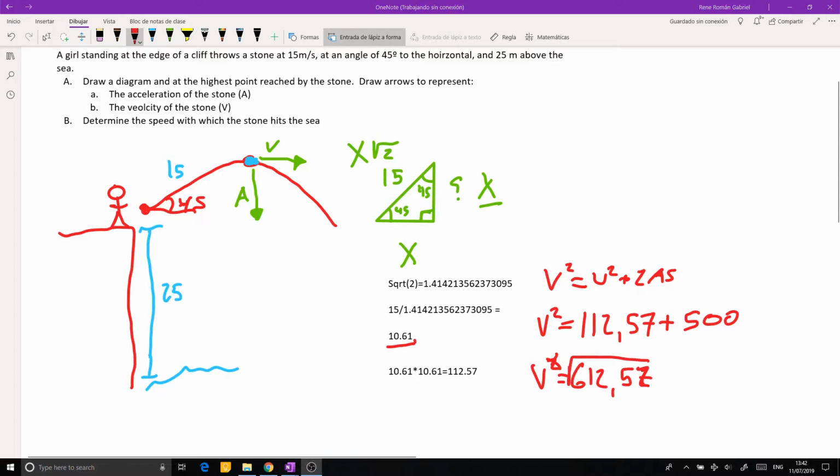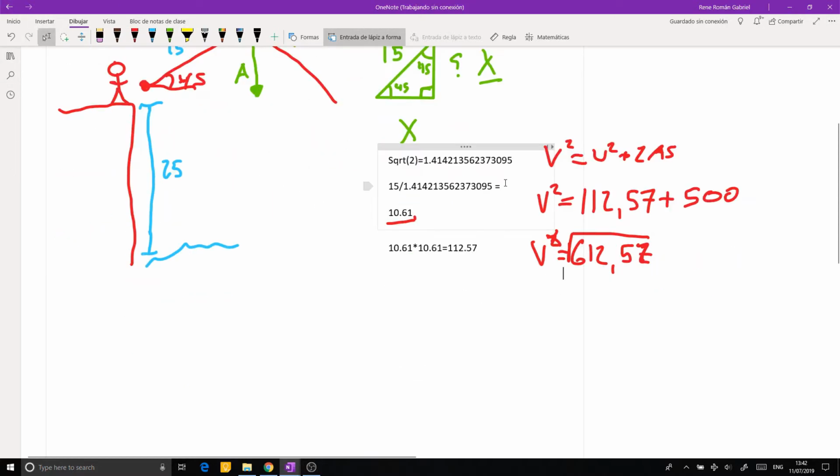So we do the square root of 612.57, which equals 24.75, whatever, and let's round it up to 2 decimals.